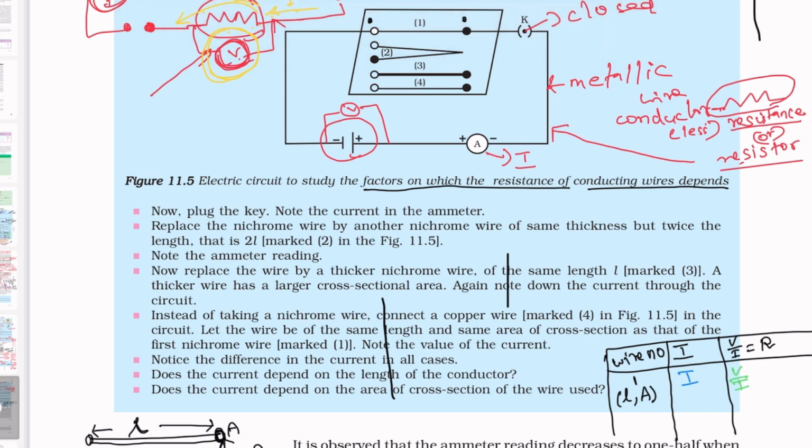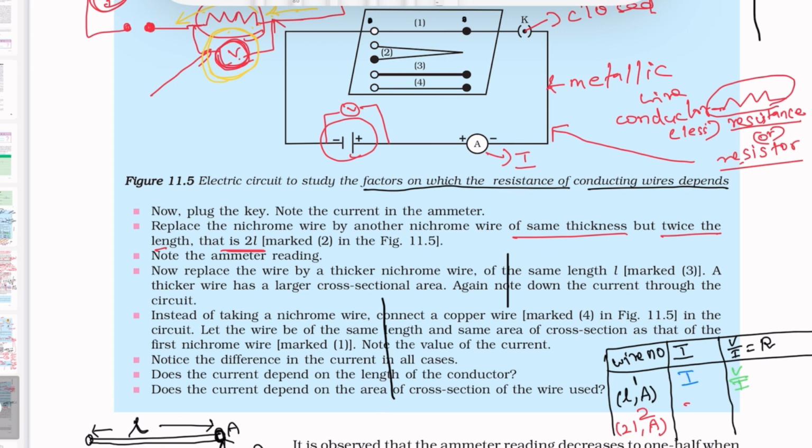Now for the second wire, what difference do I make? I increase the length, that is 2L. I take another wire of the same area, same thickness, but twice the length. So L becomes 2L, but the cross section area is the same.